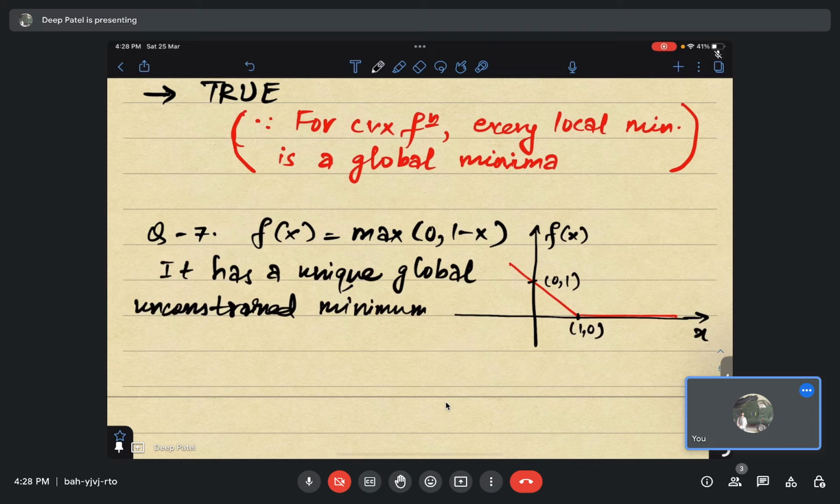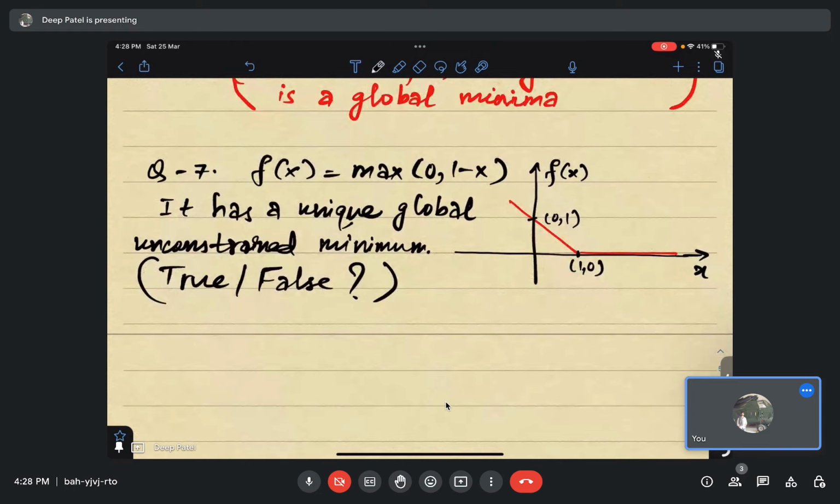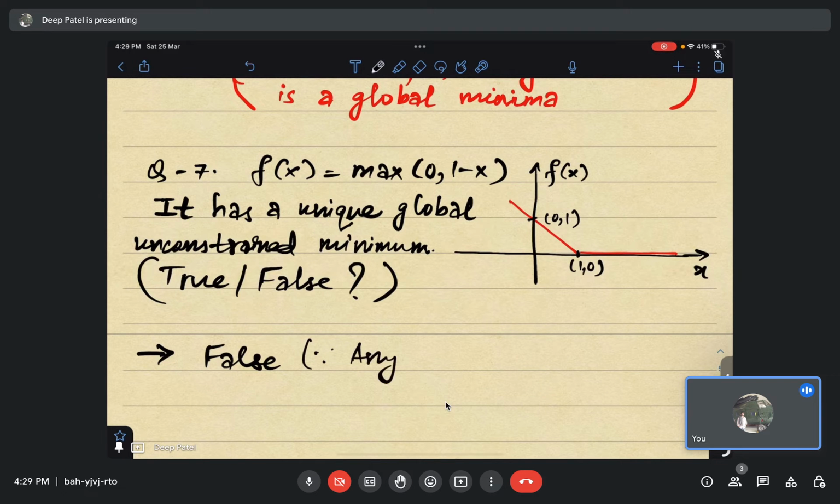I am claiming this is true or false. Unconstrained minimum. This is false, because any x greater than or equal to 1 is an unconstrained global minimum.